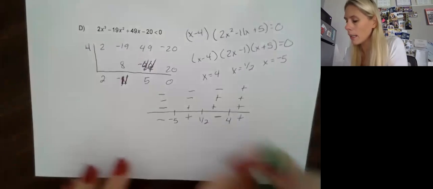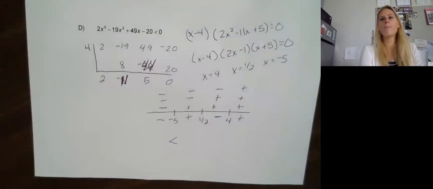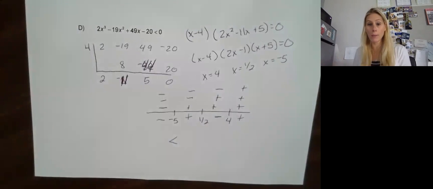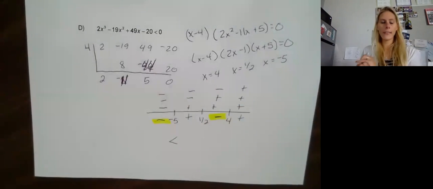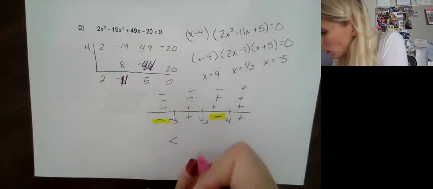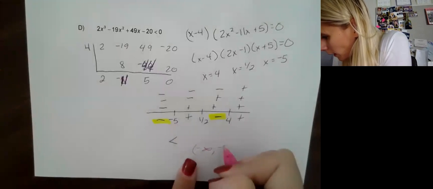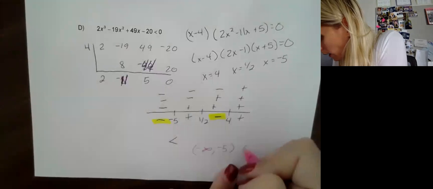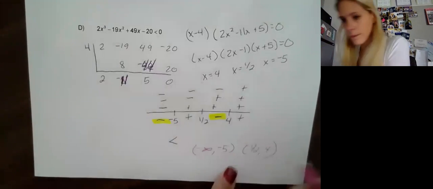As you can see, I keep rewriting the sign because I want to make sure that I'm identifying the correct one. So this is less than, so I want my negative signs, which leaves me the answer, and it's not equal to, so it's -infinity to -5 and 1/2 to 4.